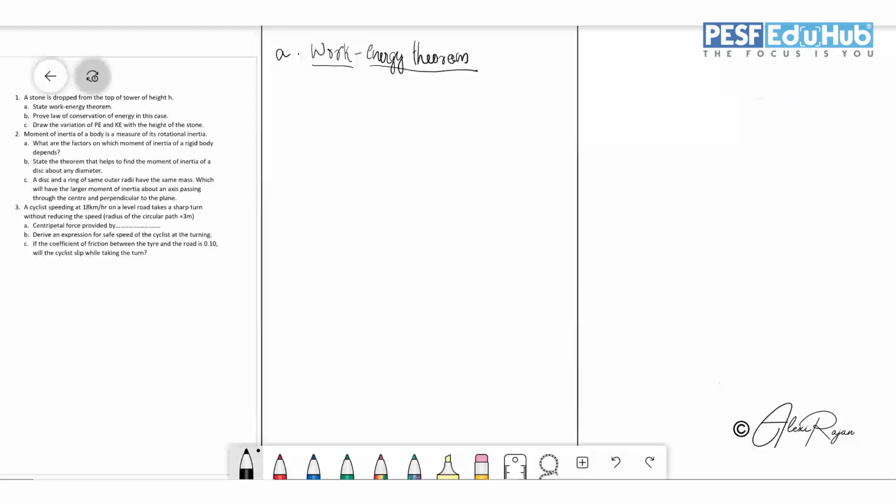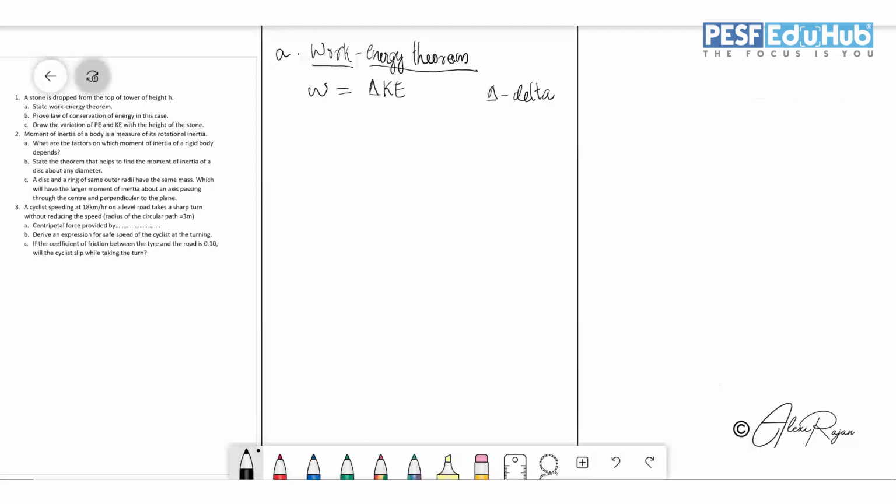So here, more precisely, you want to state either one of the statements, that is, the work energy theorem states that the work done on a system is equal to change in its kinetic energy. This sign means delta, which denotes change in kinetic energy.